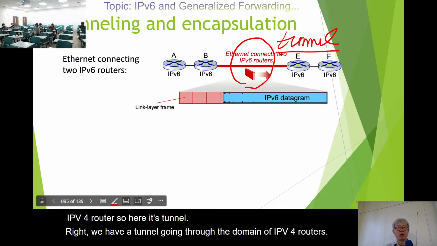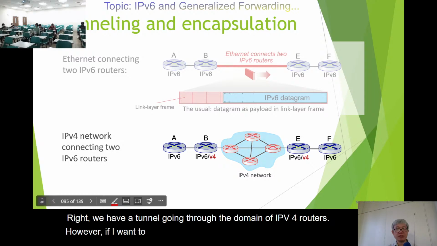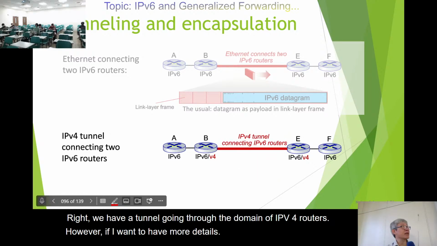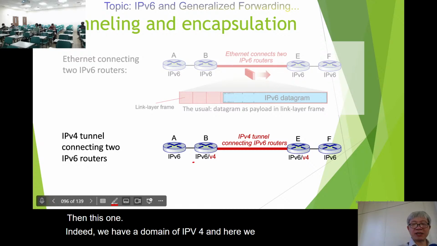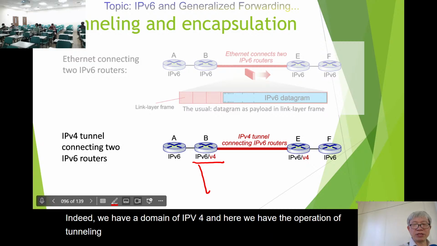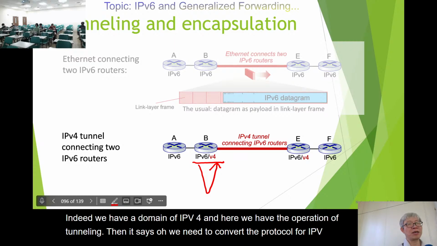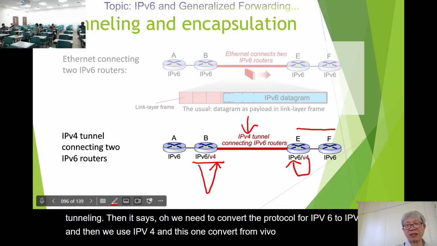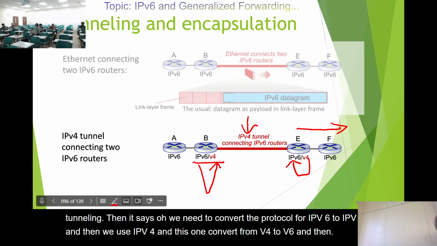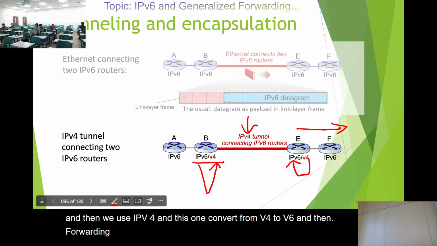However, if we want to have more details than this one, indeed, we have a domain of IPv4. And here we have the operation of tunneling. Then we need to convert the protocol from IPv6 to IPv4, and then we use IPv4. And this one converts from v4 to v6, and then forwards through the domain of IPv6.